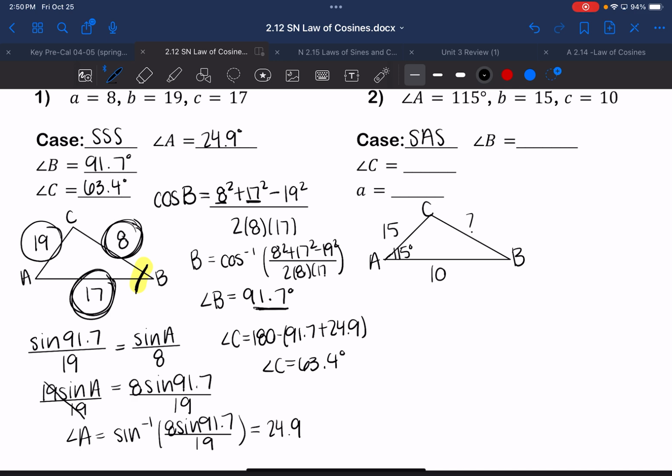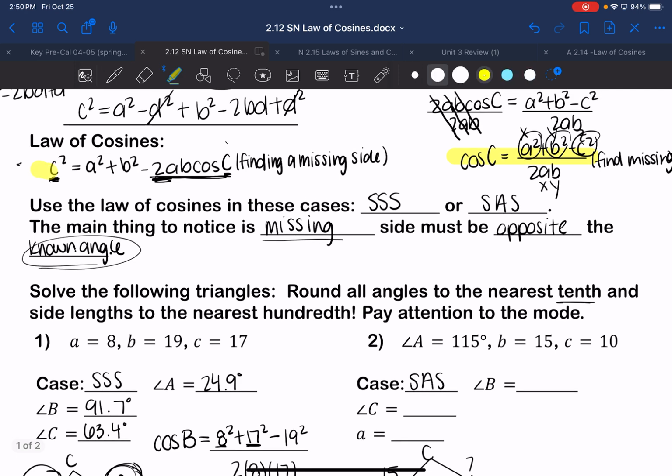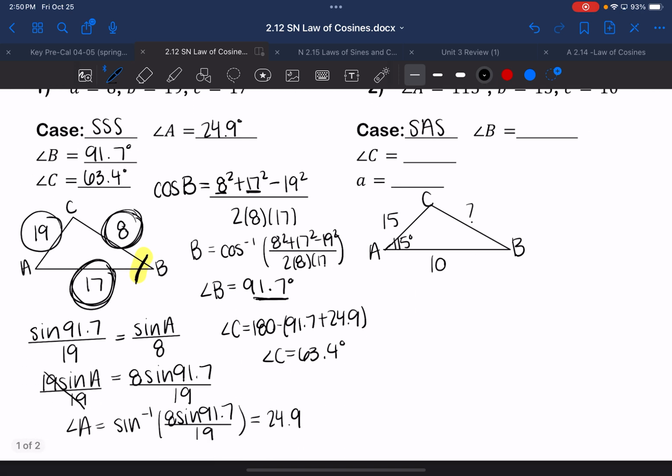So this time I'm looking for a side instead of an angle. So if you look back up here, that means I'm going to use this formula. Remember, the letters don't necessarily matter. It could be any letter. We just apply what it is we're doing.